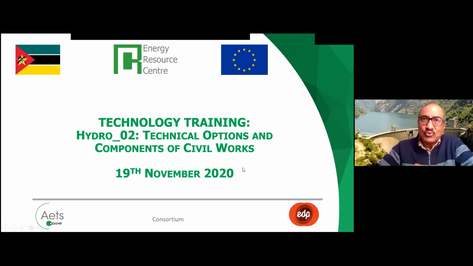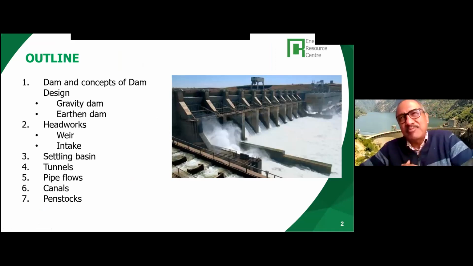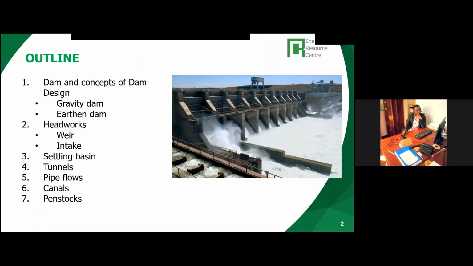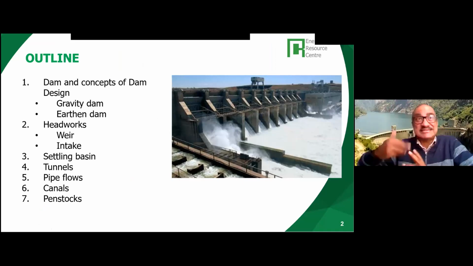I will start with this outline. Although for mini hydro projects we are not going to build big dams, as planners you also have to understand some of the concepts of designing and planning for large projects.